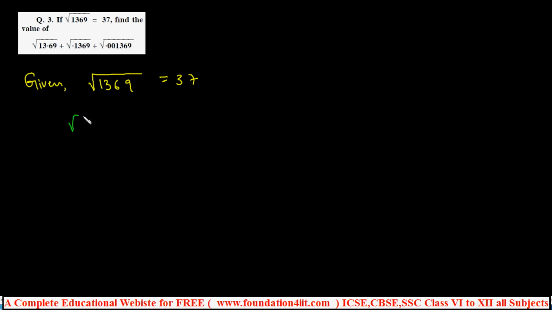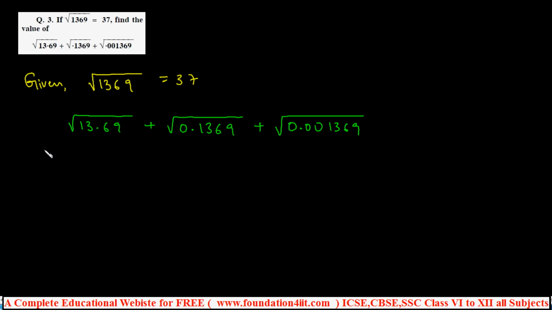So we need to find the square root of 13.69 plus the square root of 0.1369 plus the square root of 0.001369. Convert these into fractions. The square root of 13.69: if I remove the decimal, it is 1369 by 100, because after the point there are two decimal places.